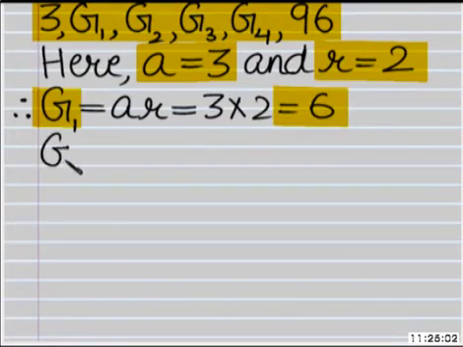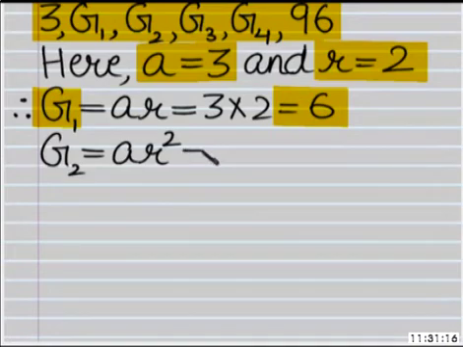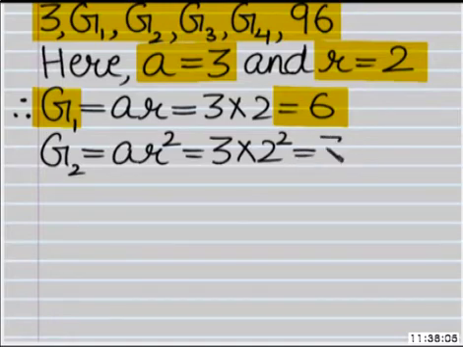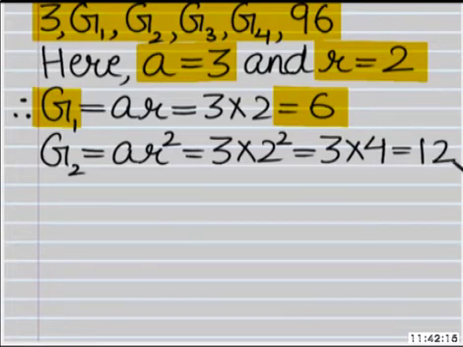Also, second geometric mean, which is equal to A into R raised to the power 2, will be equal to 3 into 2 raised to the power 2, which is equal to 3 into 4, which is equal to 12.